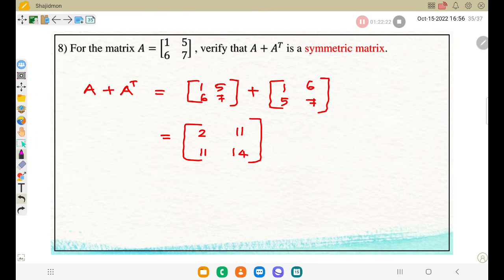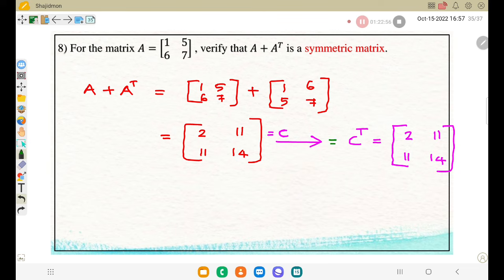Now what is our question? This matrix you got, is it symmetric or not? For example, I am calling this matrix C. Just calculate what is C transpose. What is the transpose of this? 2, 11, first row as first column. Second row, 11, 14, as second column. Now check these two matrices, C and C transpose, same or not?